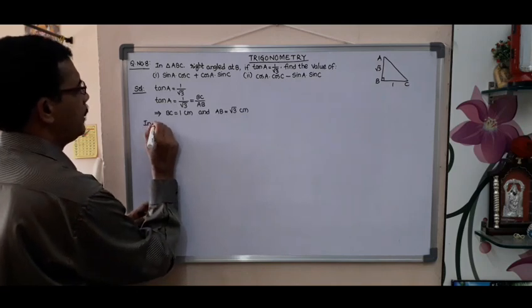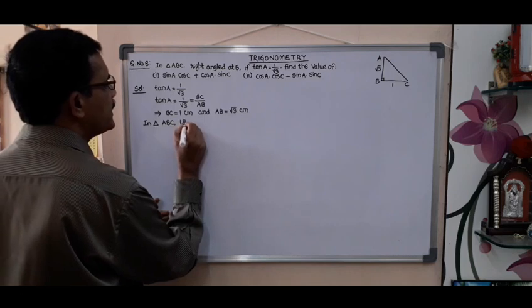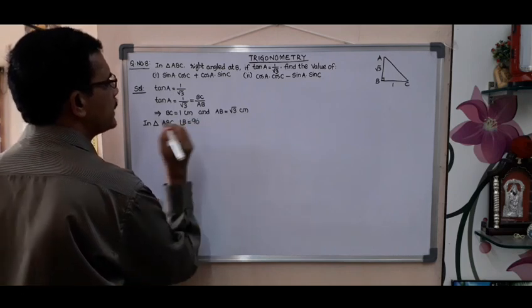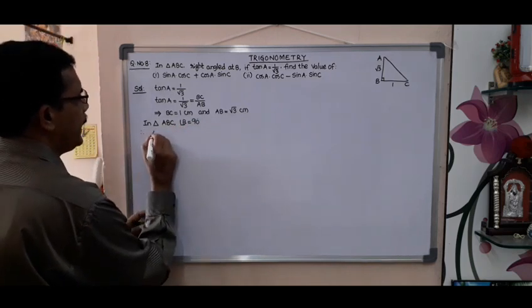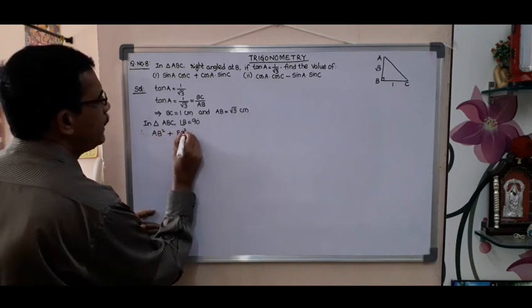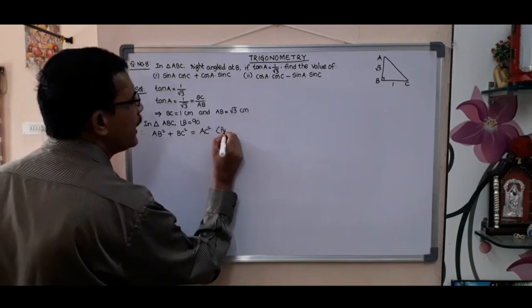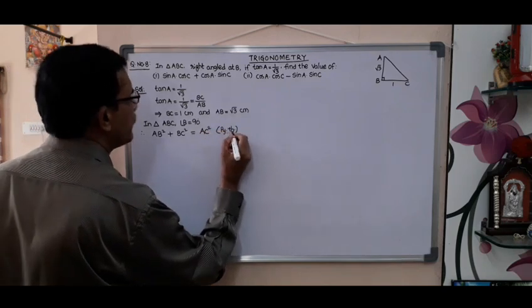In triangle ABC, angle B is equal to 90 degrees. Therefore, AB square plus BC square is equal to AC square. This is Pythagoras theorem.